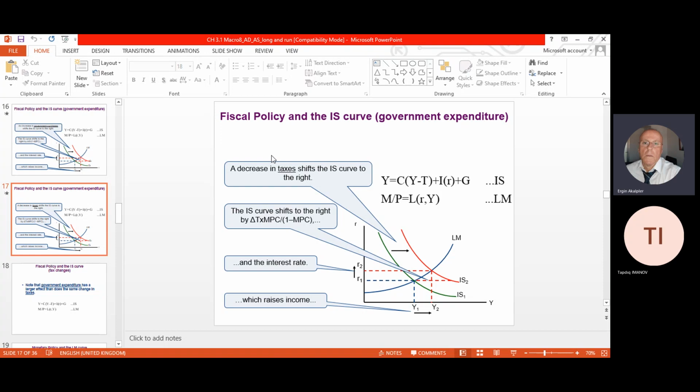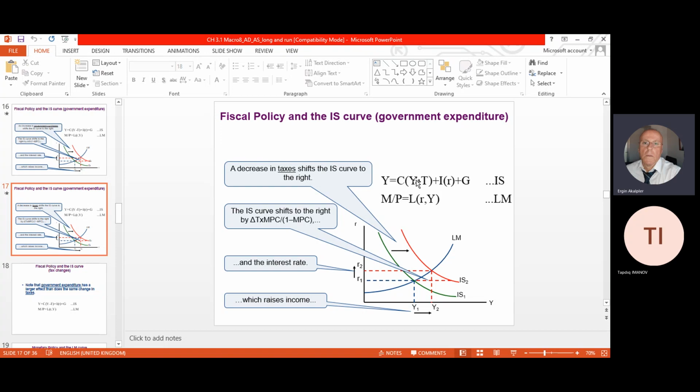The marginal propensity to consume divided by 1 minus the marginal propensity to consume gives us the output enlargement, as Y1 goes to Y2.